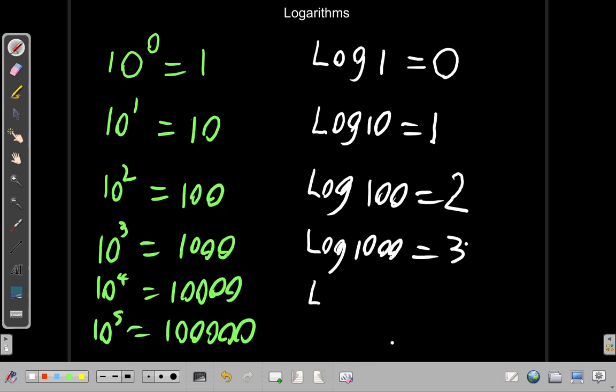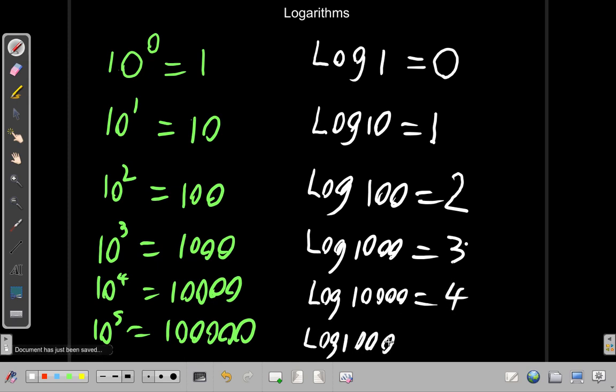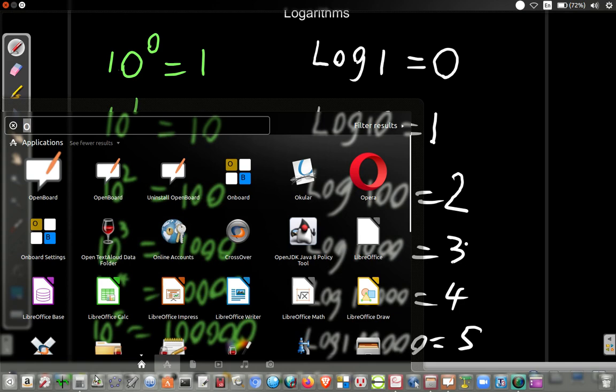Now, you can find the log of 10,000. I can bet you it is 4, and the log of 100,000 is going to be 5. Let's just confirm with our calculator before we go on.